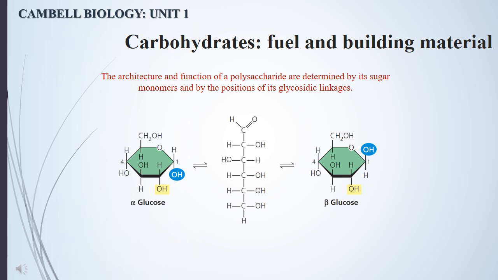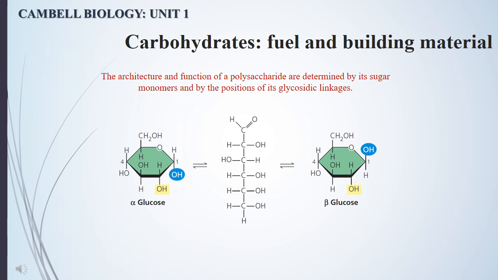As you can see, the only difference is the OH group being on the same side as the adjacent OH or on the opposite side. And these two conformations can coexist in a certain equilibrium, and they can go back and forth between these two conformations.